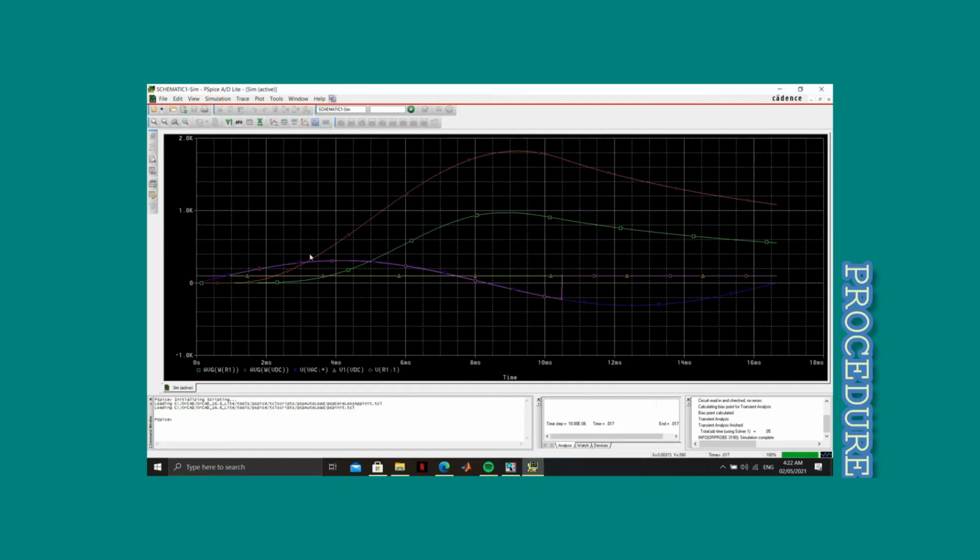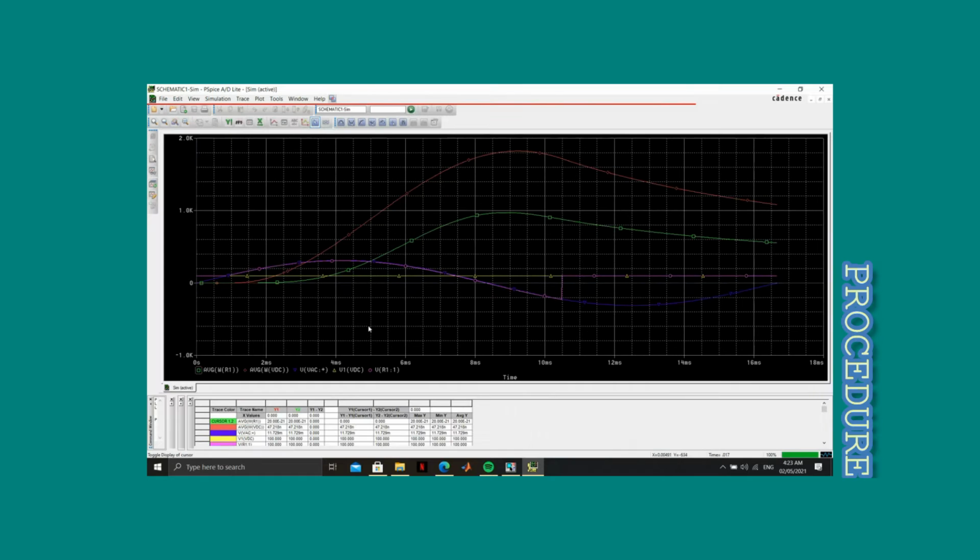From here, we could see that once a certain voltage is reached for the diode, the diode turns off, because it will be reverse biased, and the only source active in the circuit would be the DC source, because we can prove this by looking at the point here.